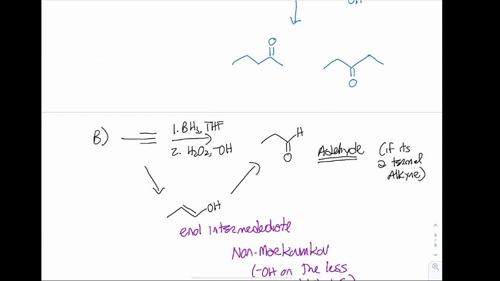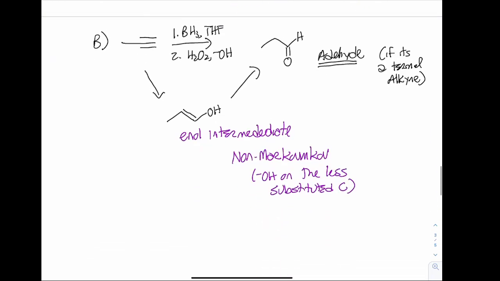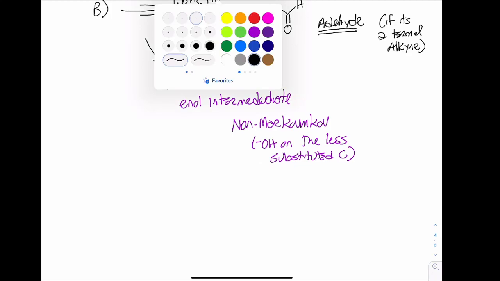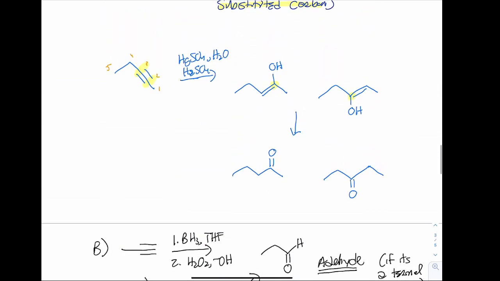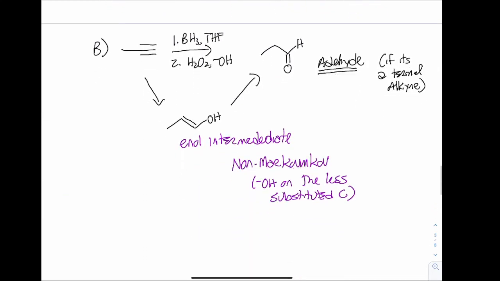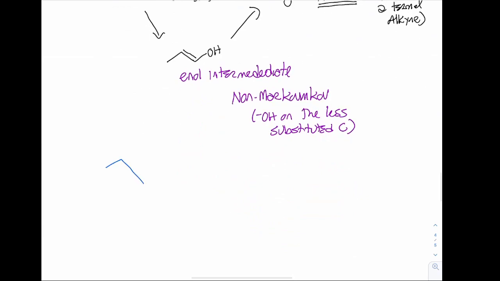If the alkyne is internal, if it's not on the end, then they're equally substituted, and I'm actually going to get the same products that I would if I used the mercury(II) sulfate and sulfuric acid. I'm going to just do the same one we did here. BH3, THF, hydrogen peroxide, hydroxide ions.